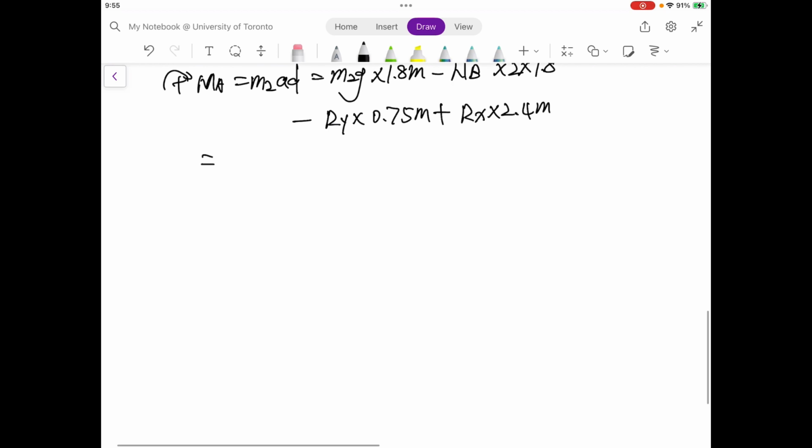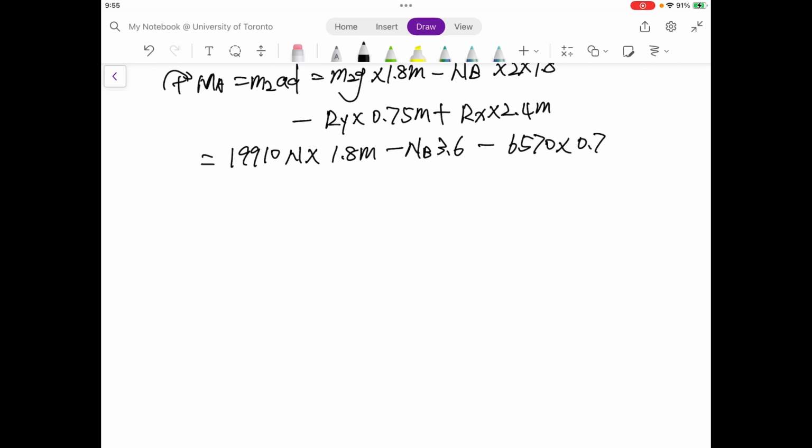This is equal to 19910 Newton times 1.8 meter minus MB 3.6 minus 6570 times 0.75 plus 2490 times 2.4. This is equal to 2030 times 1.962 times 1.05.